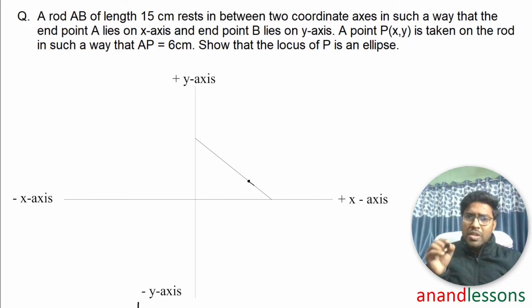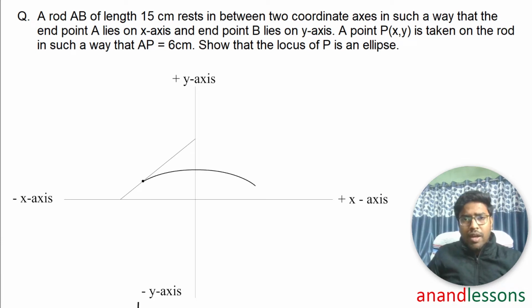Okay, so P is a point on the rod and whatever its length will be from A, that means the x-axis, it will always form an ellipse. Let's see how. If we change the position of the rod, look here, we have changed the position of the rod, so the position of P will also change. Okay, so the traces of P, or I should say the locus of P, will form an ellipse.